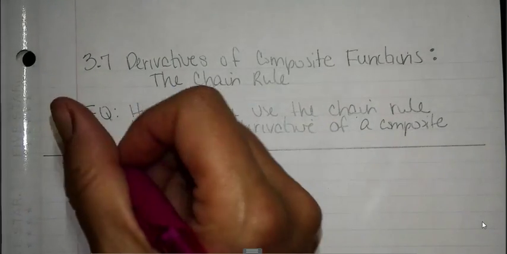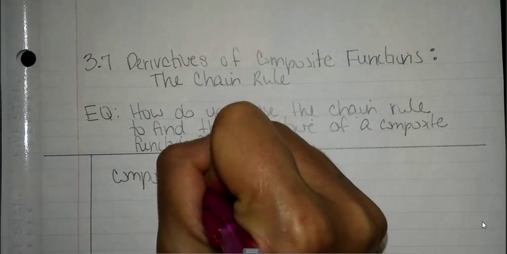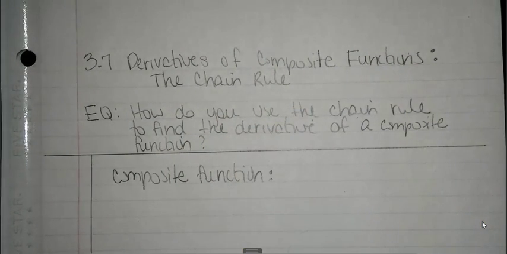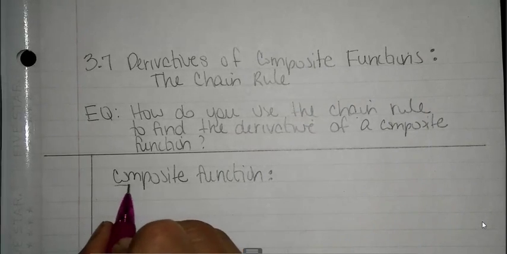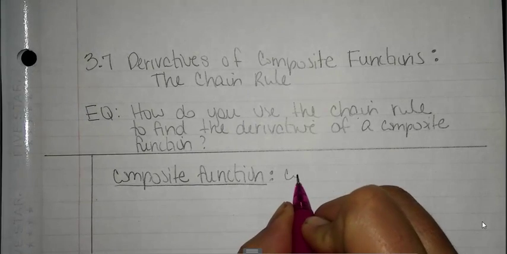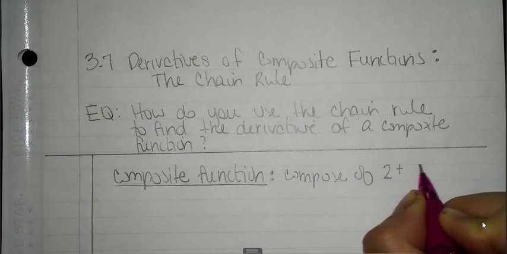So let's remember what a composite function is. A composite function is a function made up of two or more functions. So this is composed of two plus functions.